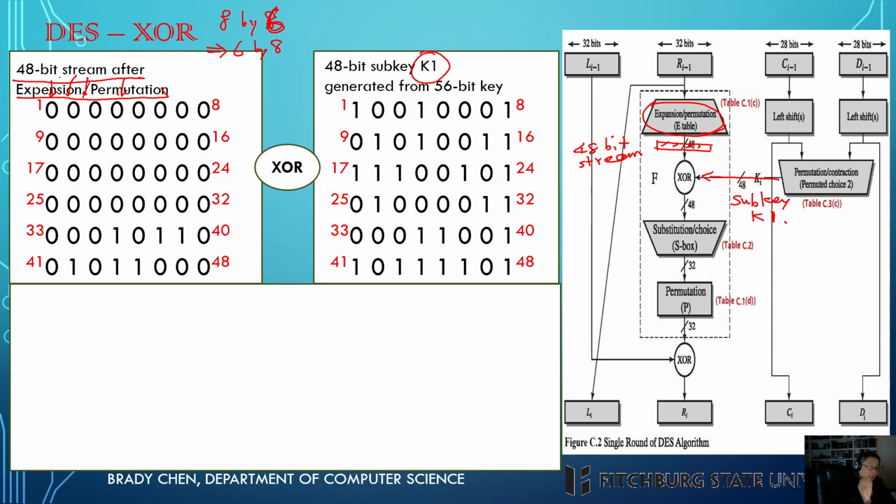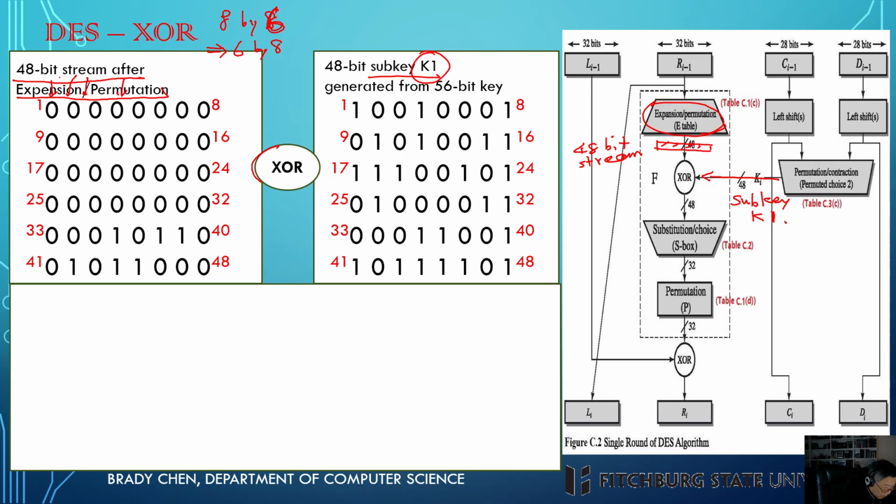The key was 64-bit, all 0, all 1, all 0, but then we immediately convert the 64-bit key into a 56-bit key. Then we pass through a couple of left shifts, and after permuted choice 2, we eventually get the subkey K1. So now we have a 48-bit string and a 48-bit subkey.